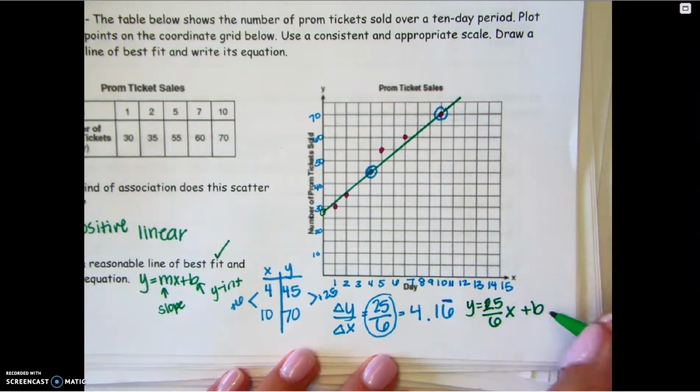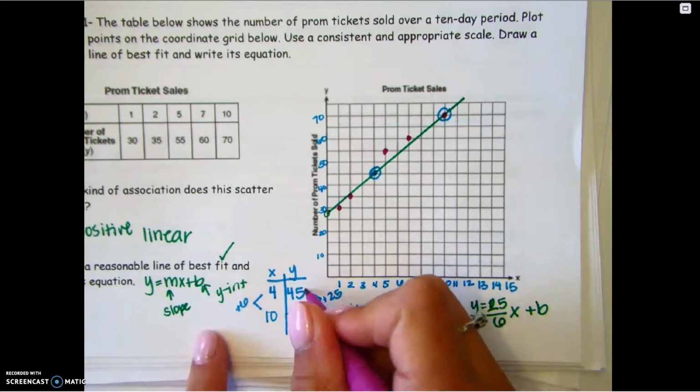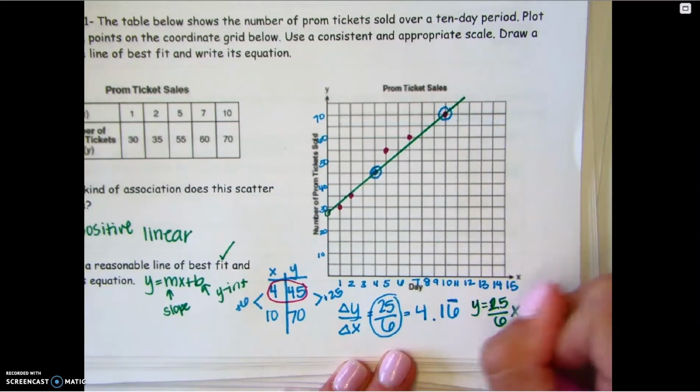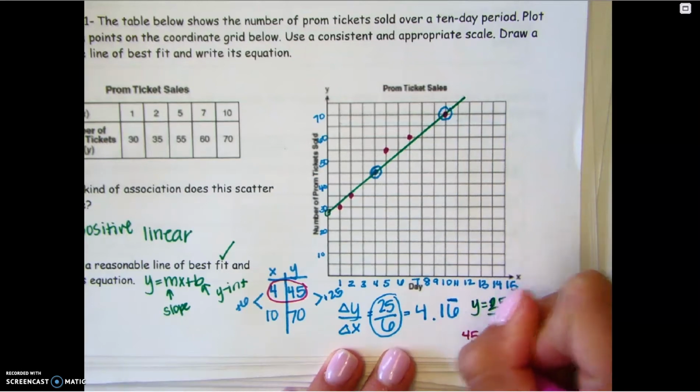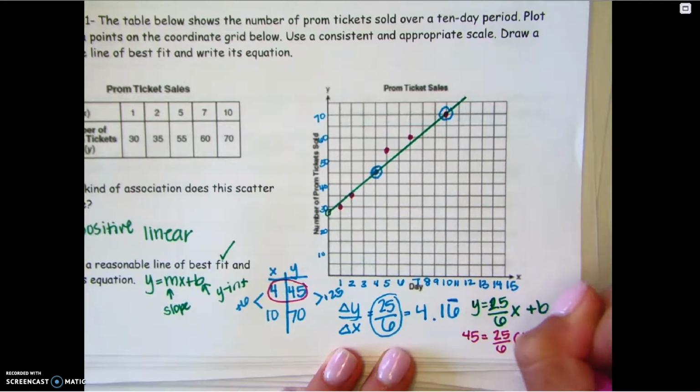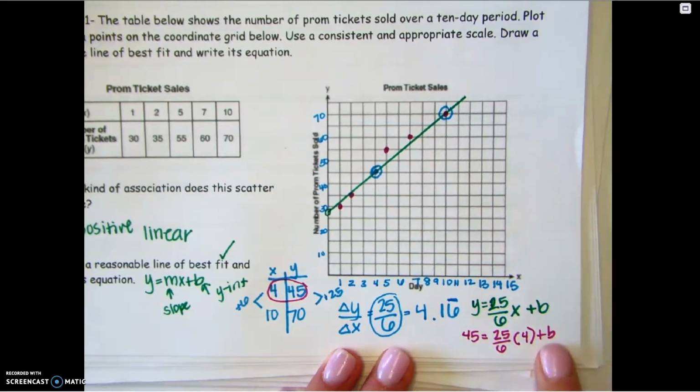So I'm going to have to use one of my points for x and y to figure out what that variable is. I'm going to use, I don't know, (4, 45). That sounds good. I'm going to plug 4 in for x and 45 in for y, and then solve for what this b is.